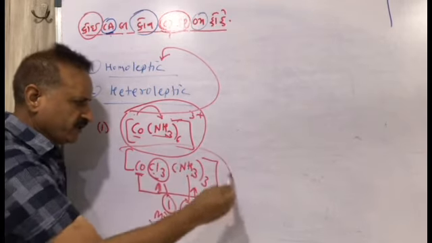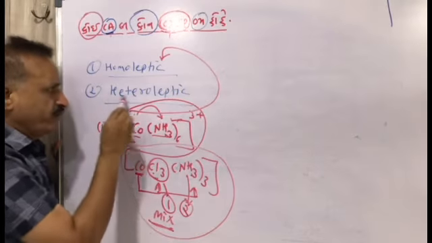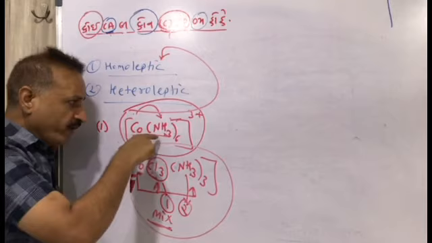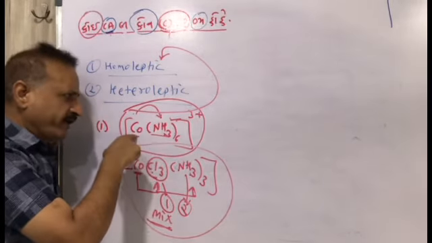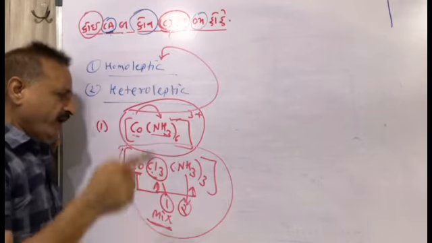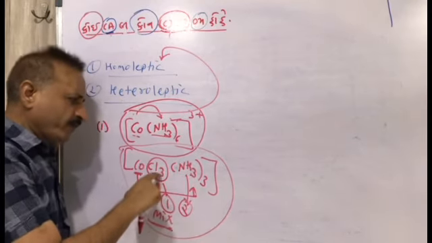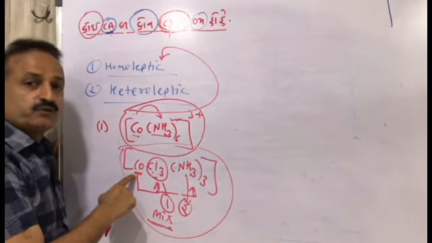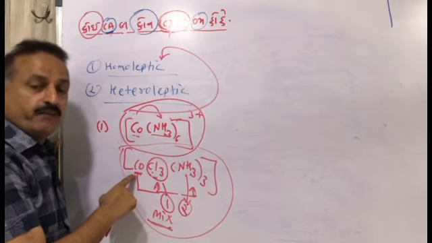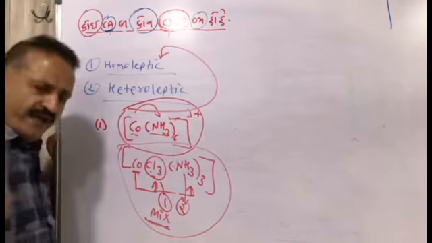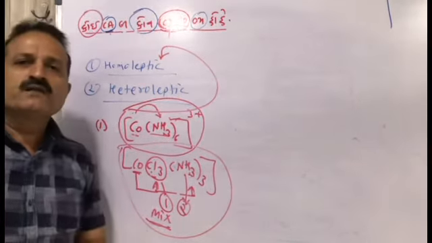This coordination compound is known as a heteroleptic coordination compound. If only one type of ligand is attached to the central atom, then it is a homoleptic coordination compound. And if two different types of ligands are attached to the central atom, then it is called a heteroleptic coordination compound. Very easy, very simple. Clear?